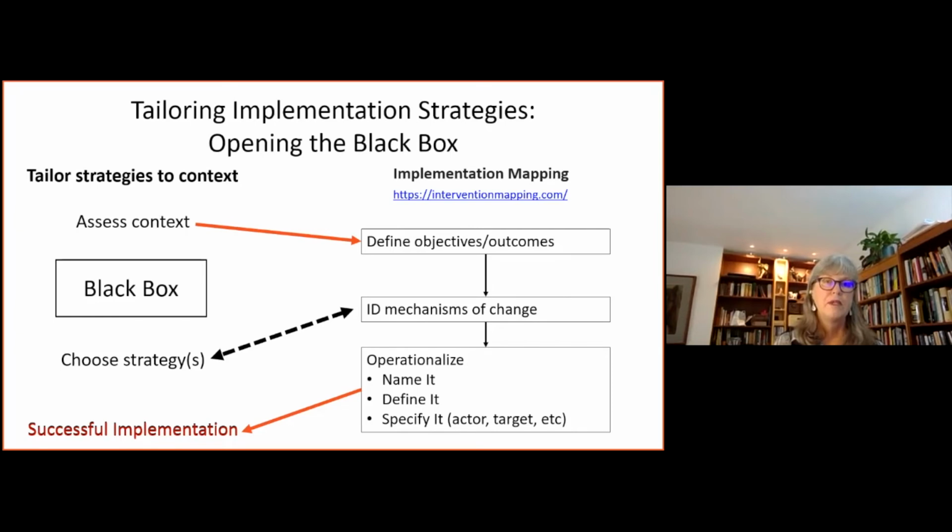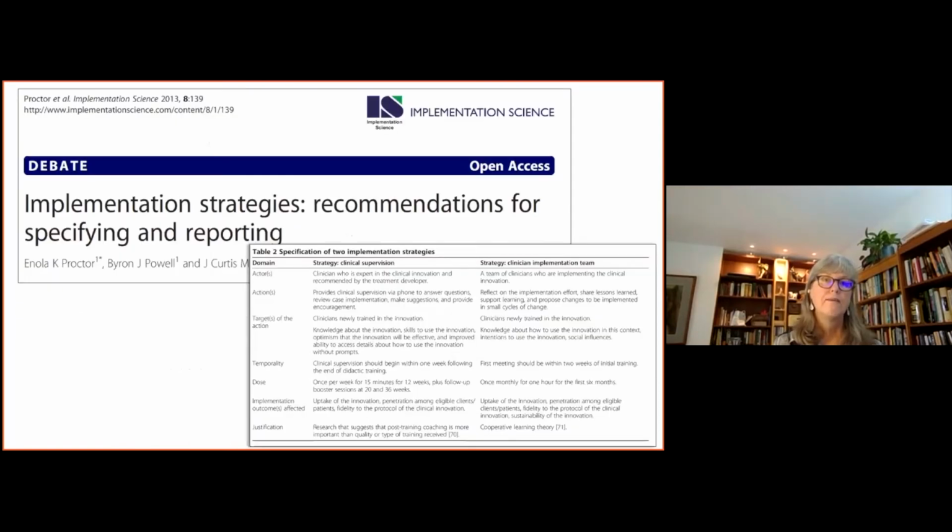There's a paper that was written by Enola Proctor and colleagues that talked about recommendations for specifying and reporting. And this particular table in this paper, I find really useful to help guide operationalization of strategies.